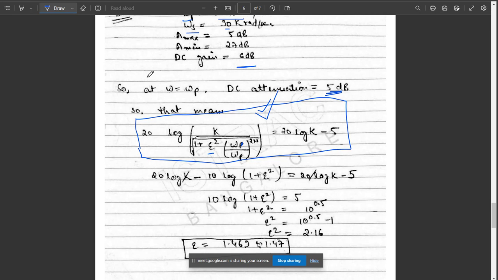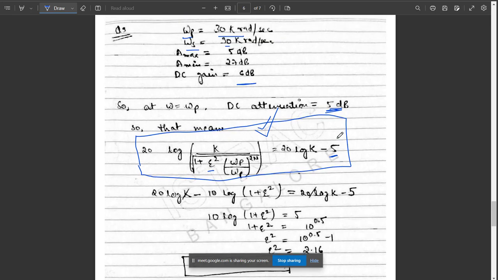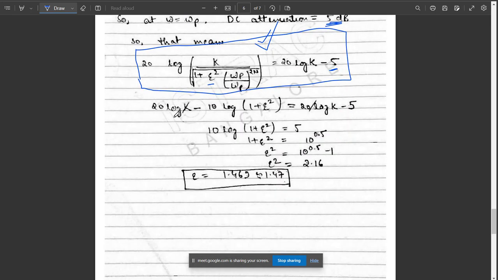Okay, and for omega equals omega p, it will be 20 log k minus DC attenuation, which equals 5. So 20 log k minus 10 log 1 plus epsilon square equals 20 log k minus 5.